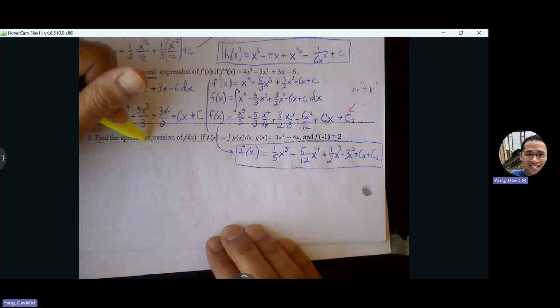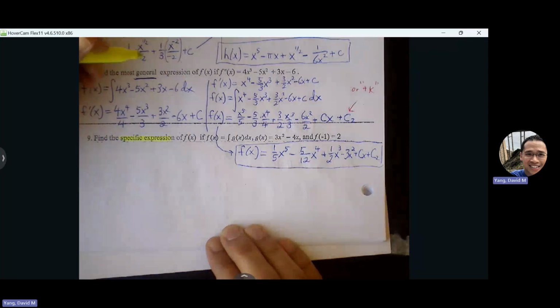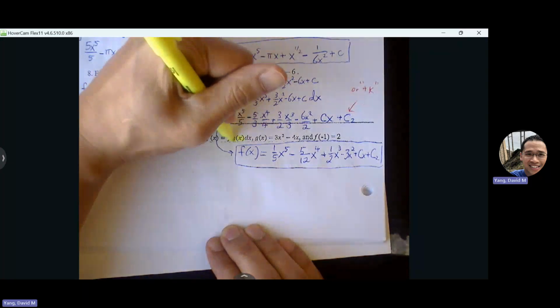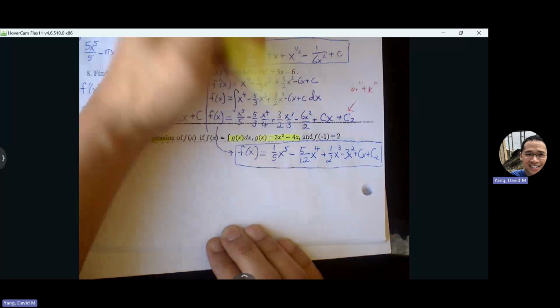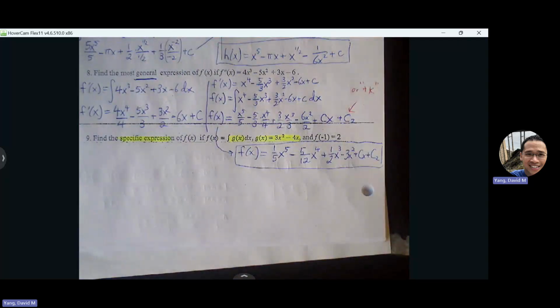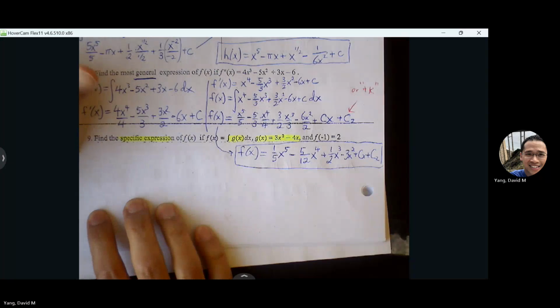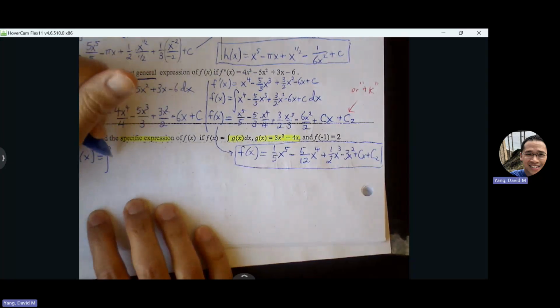For number 9, we're asked to find a specific expression, and we want to find the integral of g of x. So there's my g of x here. So I'm just going to set up my problem here. I'm going to take the integral of that, 3x squared minus 4x. We set up the notation before I actually do my calculus process.